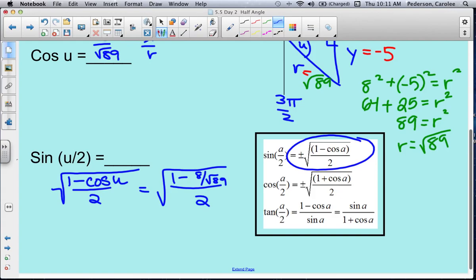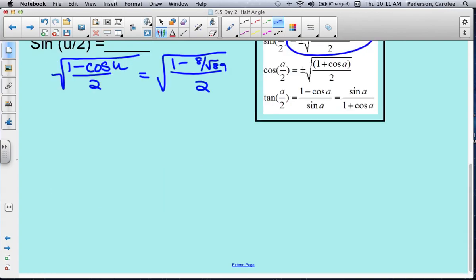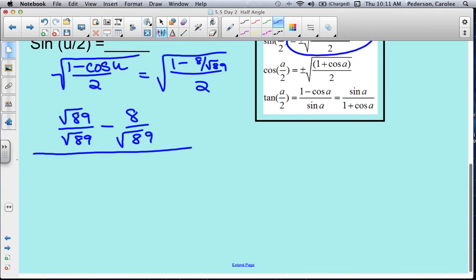Want to simplify that together? Okay. So we have to have like denominators. So square root of 89 divided by square root of 89, minus 8 over the square root of 89. That's the numerator, all over 2.